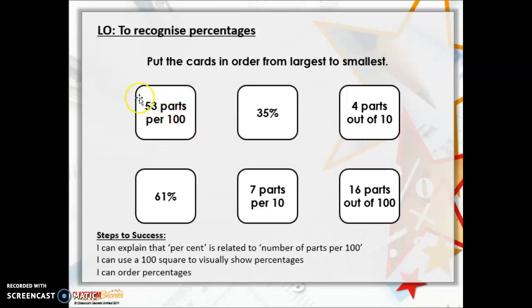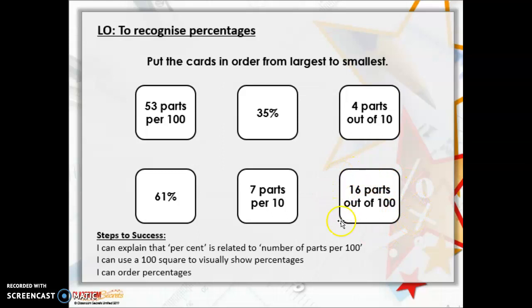So we've got 53 parts out of 100, which is 53%, 35%. 4 parts out of 10. So remember when we had the 10 grid, we counted 10, 20, 30, 40. So that is the same as 40%. We've then got 61%. 7 parts out of 10. Once again, you've got 7 lots of 10, which is 70%.